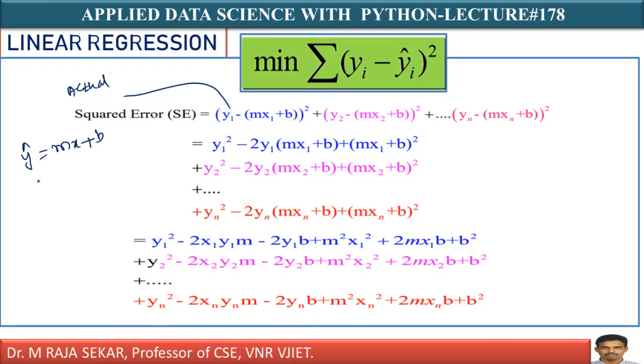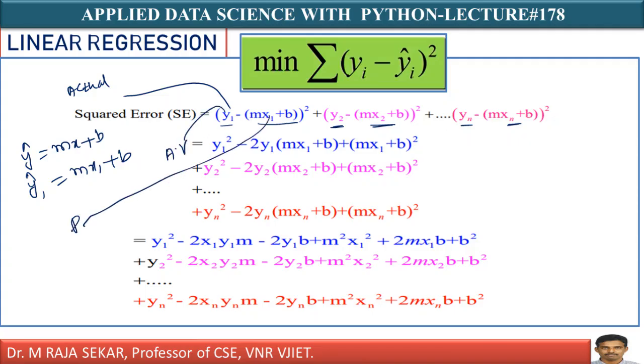At x1, y1, my y1 cap equals mx1 plus b. This is y1 minus y1 cap, and this is y2 minus y2 cap. Yn minus yn cap means actual value minus predicted value. Predicted value means the corresponding value on our line, isn't it?